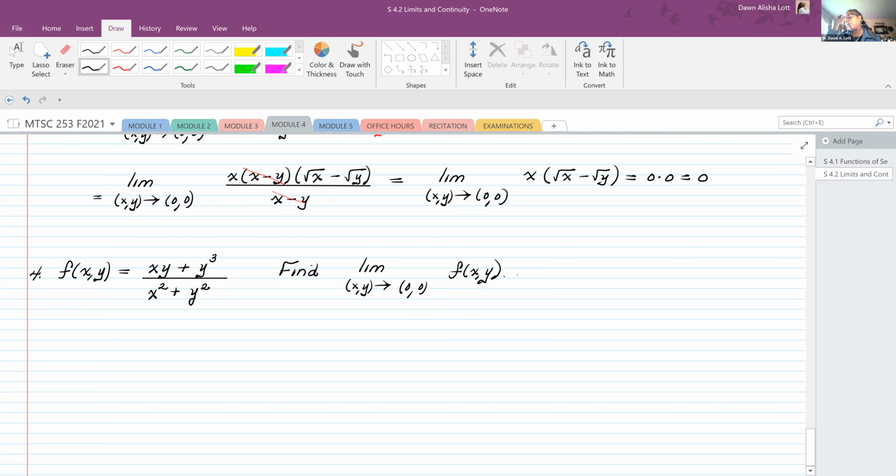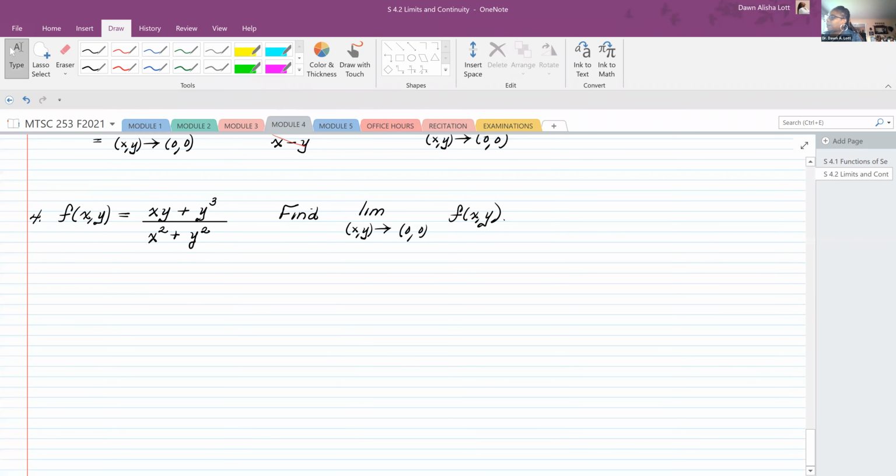All the other ones we did were direct substitution. You just plopped it in, you figured it out, direct substitution, got 0 over 0, factored out something. So again, as I said before, in the XY plane, not talking about what's floating over top, I'm trying to approach this point right here.